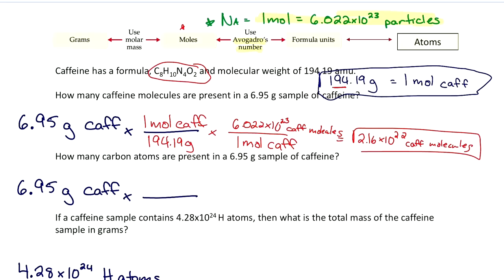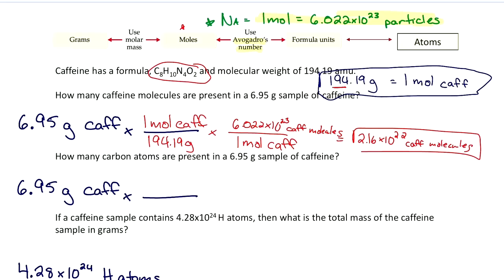We're actually just working off what we just calculated, but instead of stopping at molecules of caffeine, I want you to tell me how many carbon atoms are present in that same sample. Okay, so if I told you I have 8 bicycles in my garage, how many tires are also in my garage? 16, yeah, because we recognize that 1 bicycle has 2 tires.